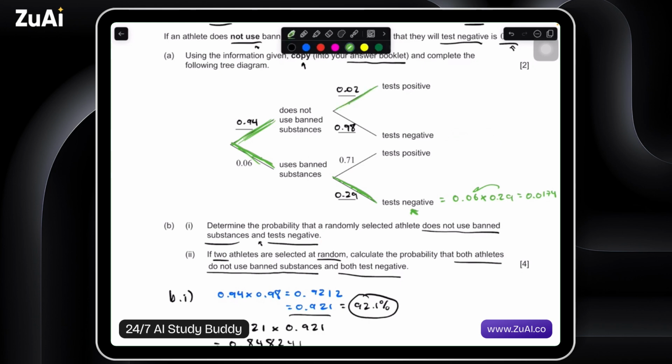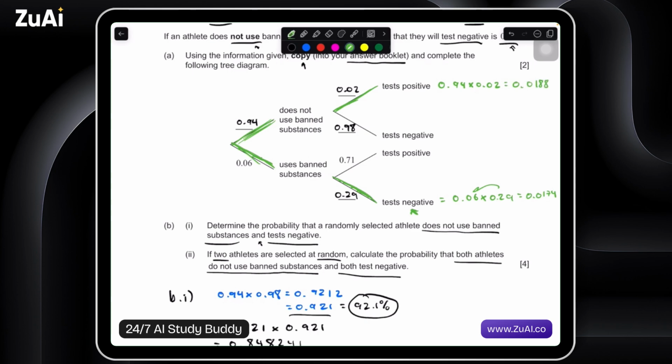That seemed a little high. Does not use banned substances and you are tested and found to actually, after the results, it seems like you do actually use banned substances. So it'd be 0.94 times 0.02, 2% of the 94% of individuals. 0.0188. Okay.